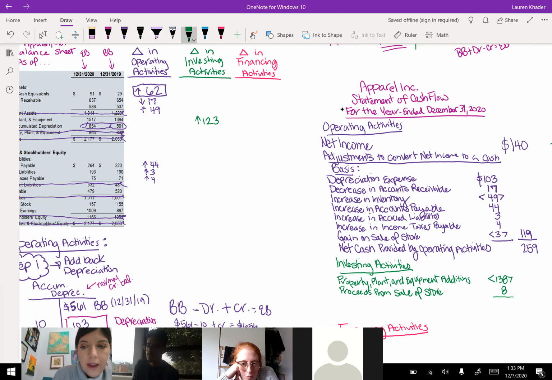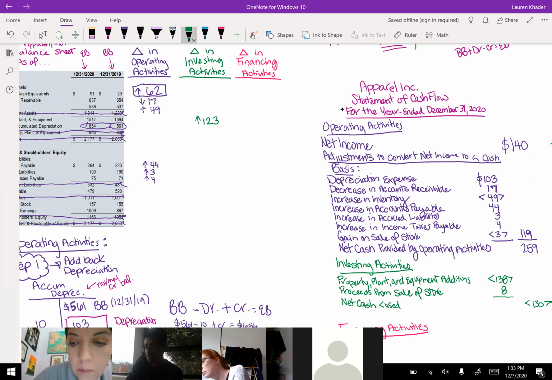So 138 in additions, so outflows of 138 and an 8 coming in gives us a net what? Outflow of 130. So a negative 130. Net cash, and I'll show it in brackets, used in investing activities.